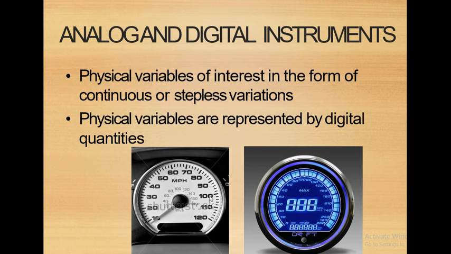There may be a problem of wear and tear in the analog one, but here there will not be any problem of wear and tear. Just proper electrical signal or power should be there, then it will operate. One advantage of the analog one is that it may not require power for its operation, as the mechanical arrangement is there, but the digital one requires digital power or DC voltage for its operation.